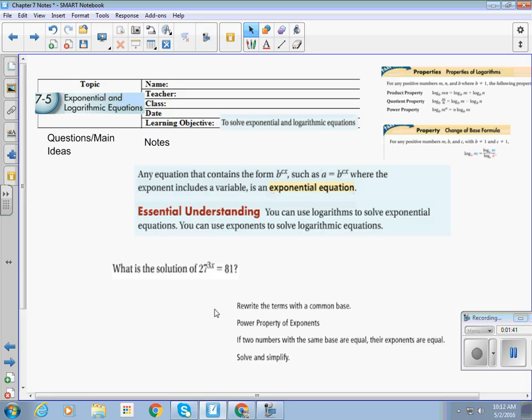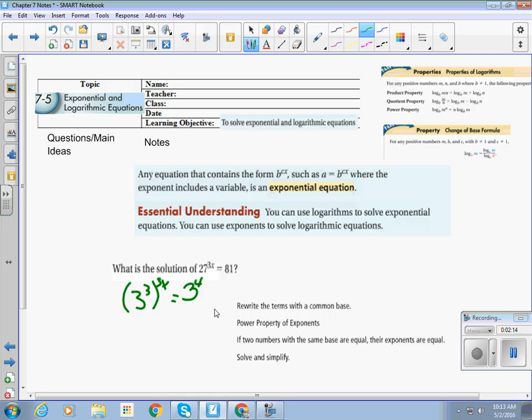We've been doing exponents enough now where I'm hoping that you're weaning yourself off of that perfect square, perfect cube, perfect fourth, perfect fifth power chart, and you are starting to identify these perfect values. 27 is 3 to the third power. 81 is 3 to the fourth power.